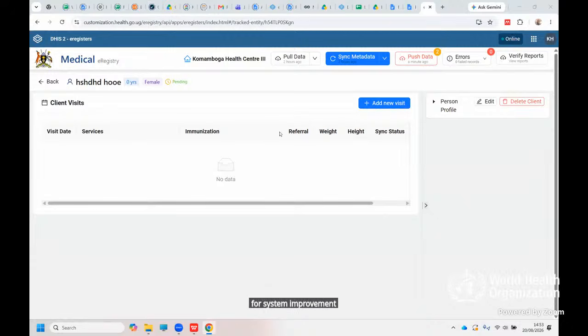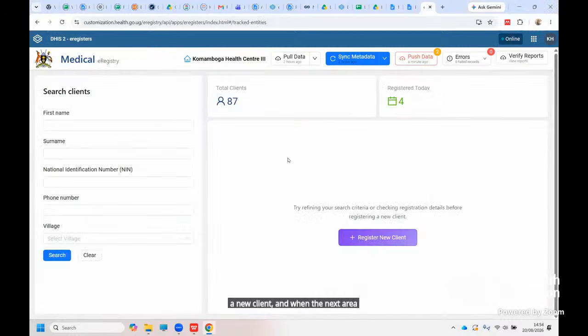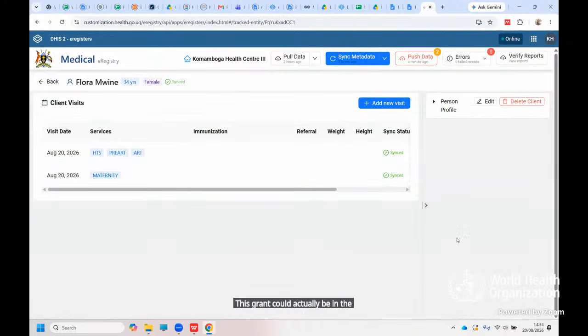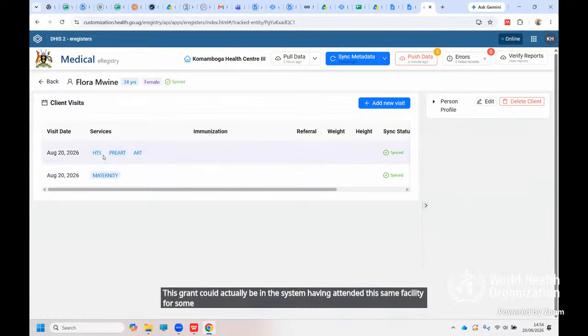Mine are more or less suggestions for system improvement. I noted that when we started the presentation, we started by entering a new client and went directly to RT. If I didn't miss anything, I want to suggest that we could start with search. This client could actually be in the system, having attended this same facility for some other service.